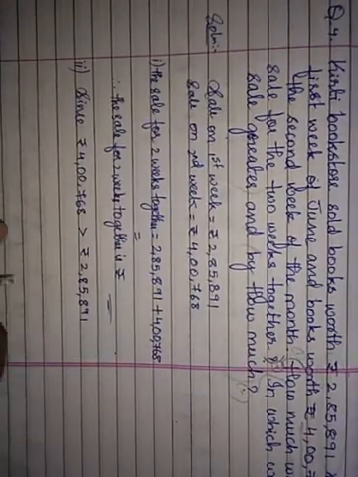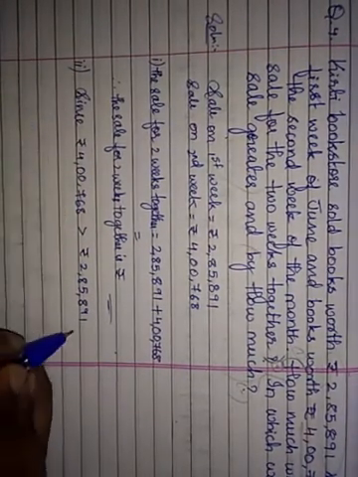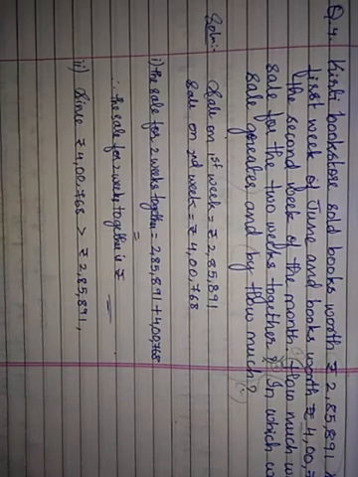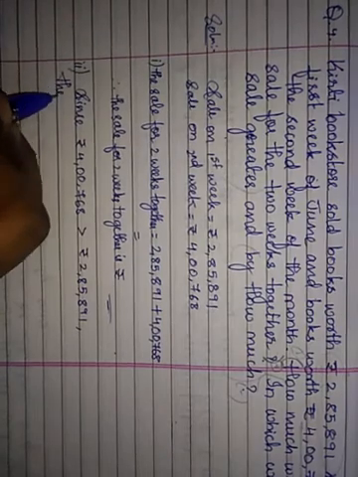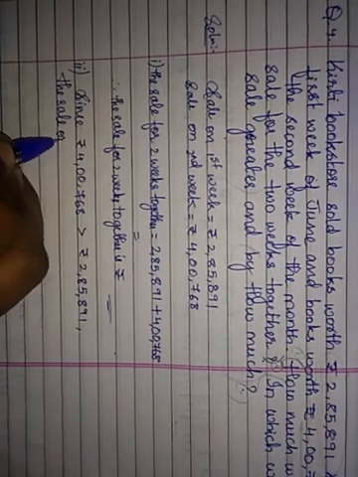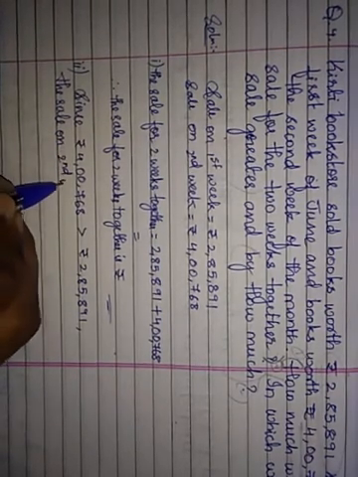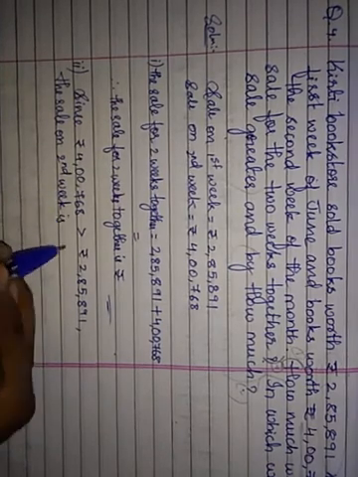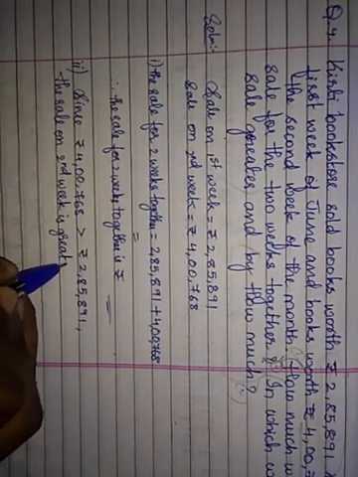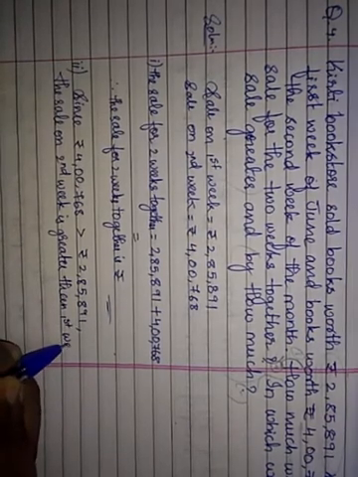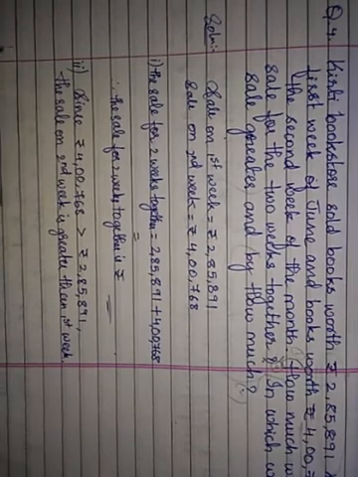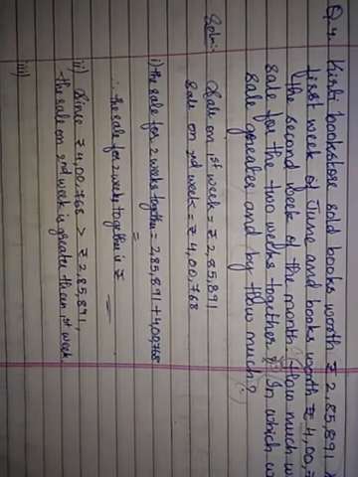We know this at a look. 4 lakh is greater than 2 lakh. Since this is greater than this, the sale on the second week is greater than the first week.